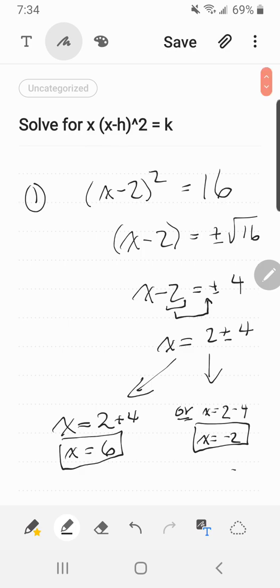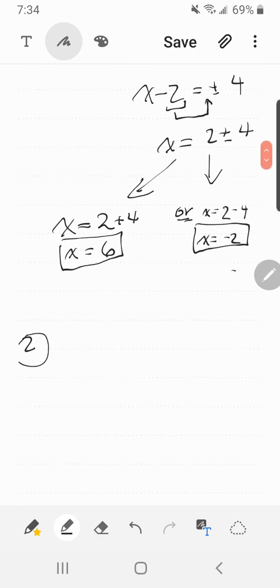Now, let's go and do a second problem, a little more difficult. So let's say I have something like this in my bracket. Let's go 2x minus 3 squared is equal to 25.